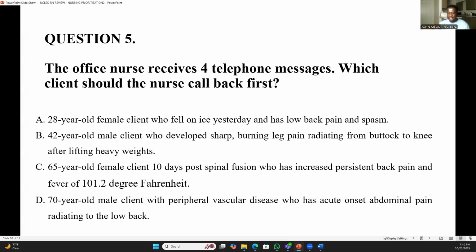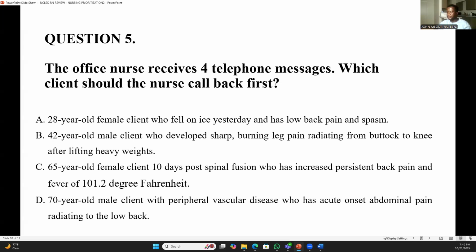4 rules of prioritization: acute versus chronic, post-op less than 12 hours versus post-op above 12 hours, stable and unstable. Let's eliminate age and gender. We have no concern about that.